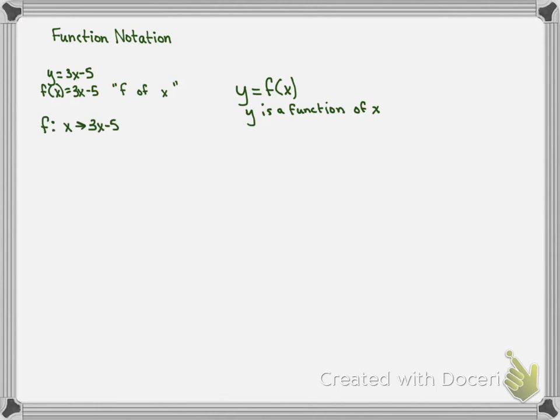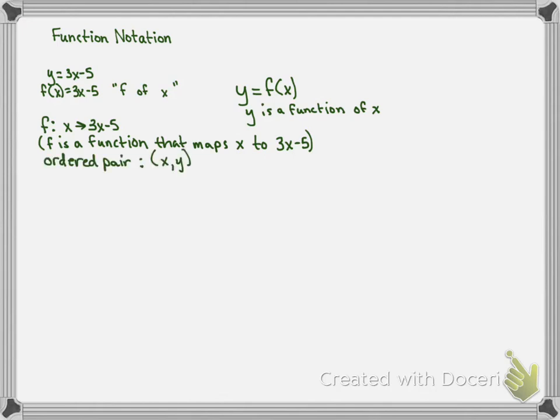You may see this form of a function definition: f colon x maps onto 3x minus 5. This is saying f is a function that maps x to 3x minus 5. An ordered pair (x, y) can also be written with function notation as (x, f of x), because remember, y and f of x are synonymous.